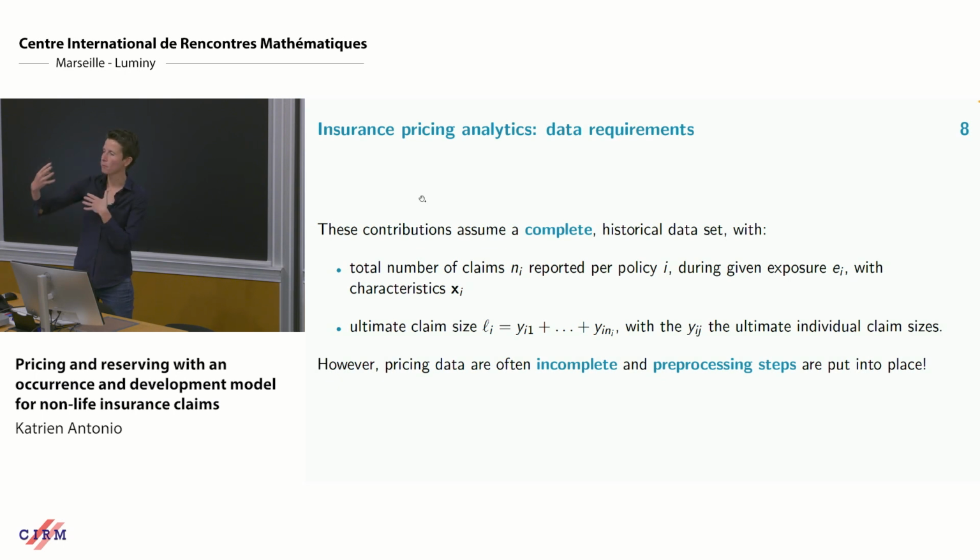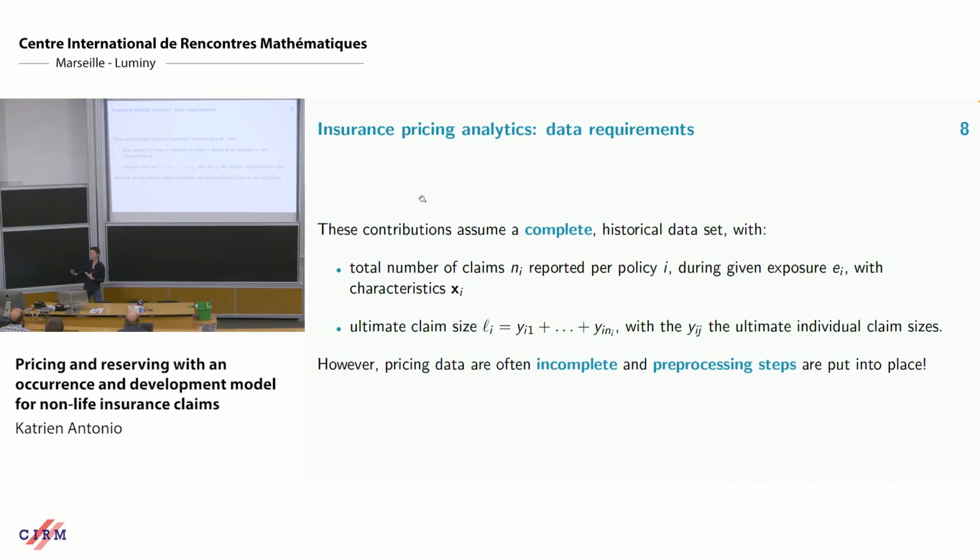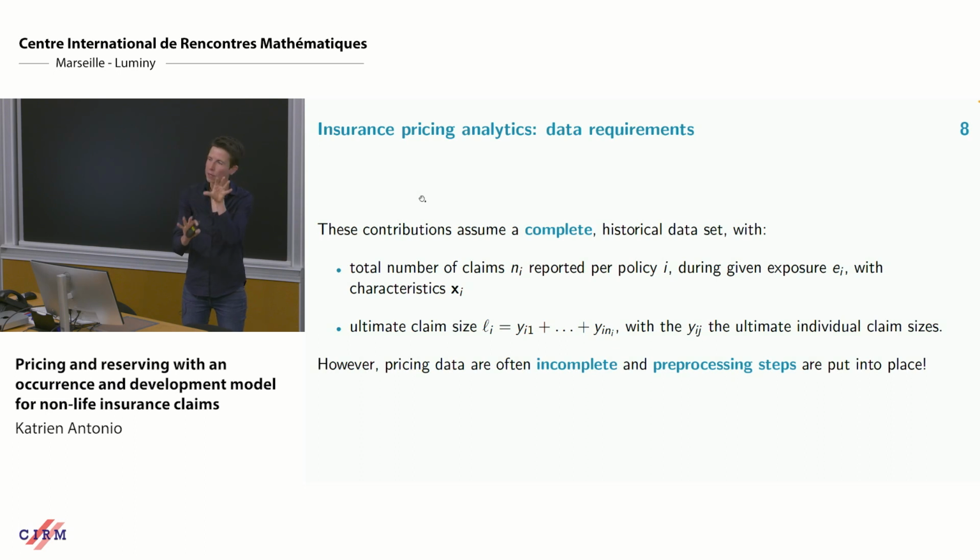But of course, if you think about a reinsurance case study, where there can be a lot of delay in the reporting, and where it can take a very long time for claims to settle, then of course these two problems become more prominent when you have to price reinsurance contracts on this kind of data set with incomplete, missing information. So that's the part in the literature where we try to contribute with this paper. So what if you have to do pricing, but you're facing this kind of incomplete information in your pricing data set, okay?